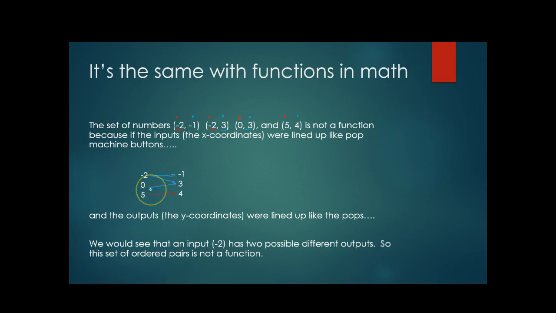You've seen that probably before in a pop machine. They have 2 Coke buttons because everybody wants Coke more. So they have extra Coke. So they have 2 buttons for it, but they get the same pop out. As long as this button gets you this pop and this button gets you this pop, that's okay. You can get the same pop out, but what you can't have is one button that gives you possibly 2 different pops.